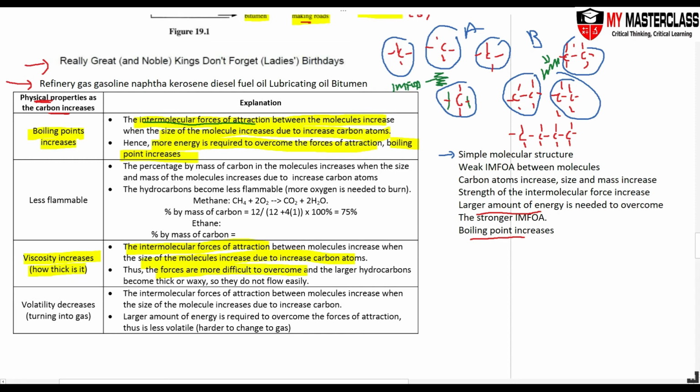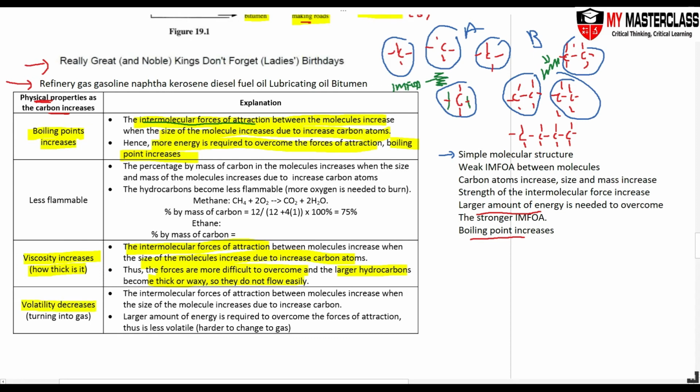They have stronger forces of attraction, and the larger hydrocarbons become thick or waxier, so they do not flow easily. I need more energy to overcome the forces of attraction, so it's harder to overcome now. So it is thicker and waxier. It's harder to flow. It is more viscous.